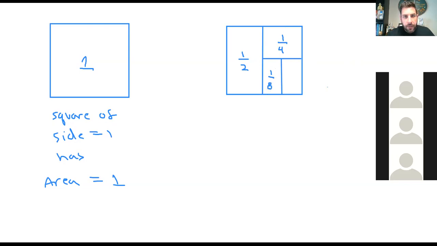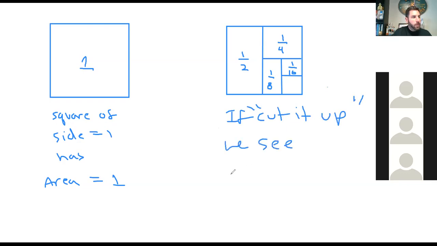And then I can keep playing this game, but the problem is my pen is making it hard because I can't sort of write what I want to write without messing things up. So I think I'll go one more. So essentially this picture on the right, if we cut it up, we see that 1 looks to be 1/2 plus 1/4 plus 1/8 plus 1/16.